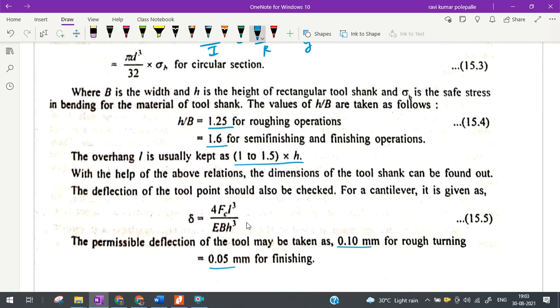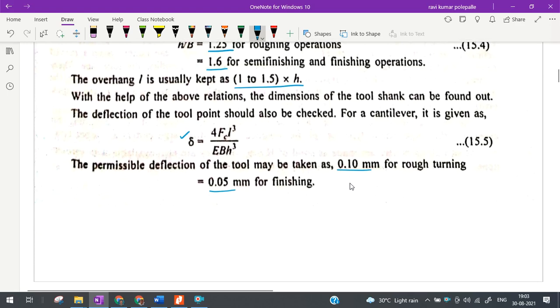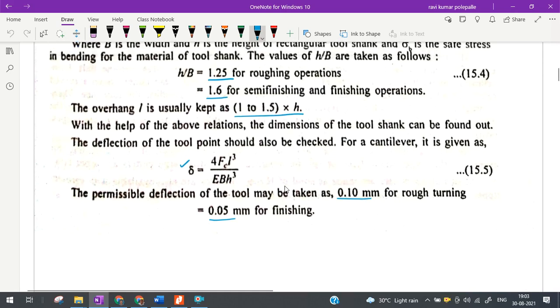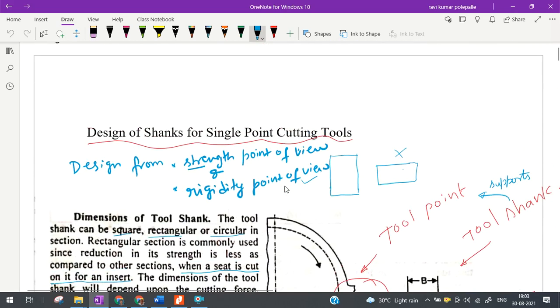This is the cantilever deflection equation. So we will verify whether the deflection obtained is within the limits of 0.1 or 0.05 depending upon whether the operation is a roughing operation or a finishing operation, right? So this completes the discussion on design of shanks for single point cutting tools, shank design.